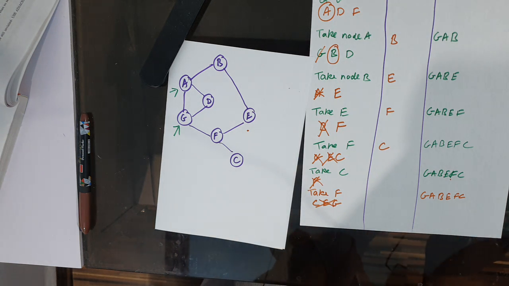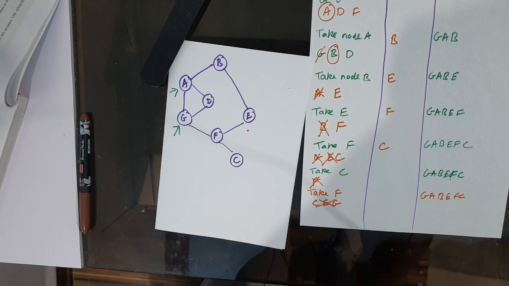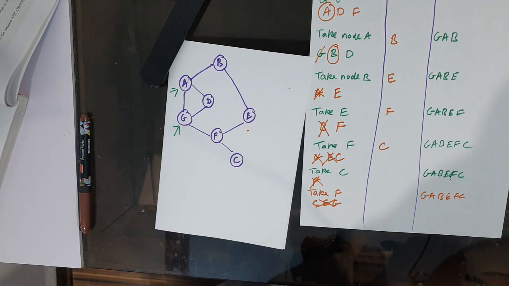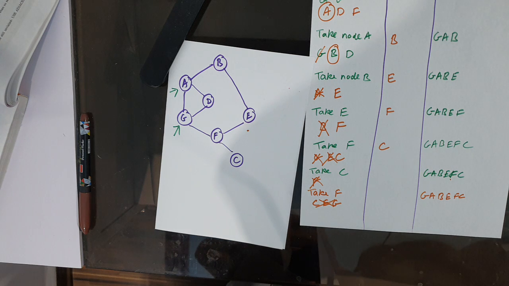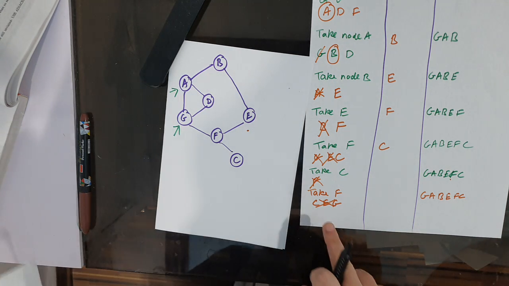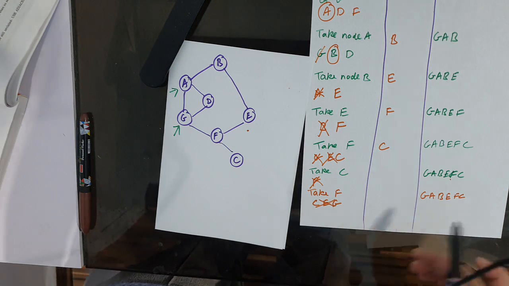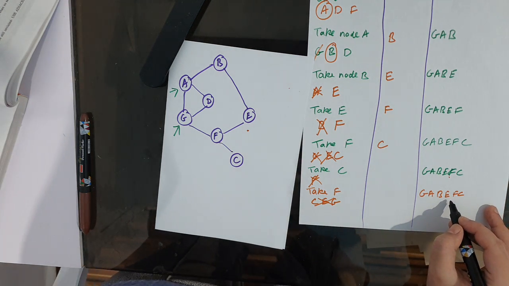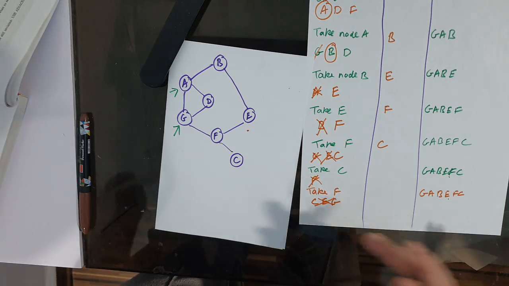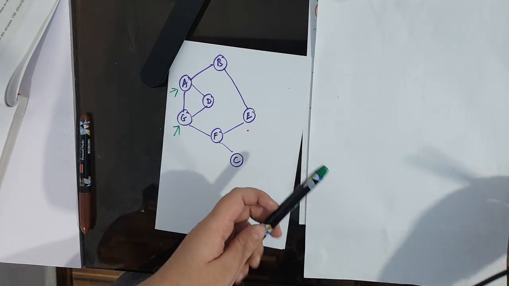After that, we are supposed to move to the next one, and there is nothing to be explored at F, so we need to now backtrack from F also. So backtracking from F means coming to E. So again on the new paper I'll start.